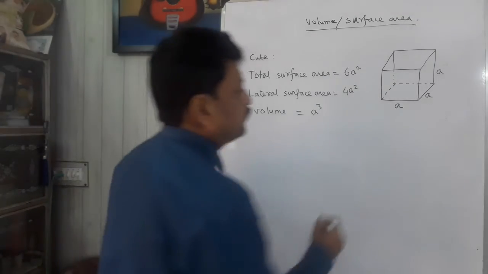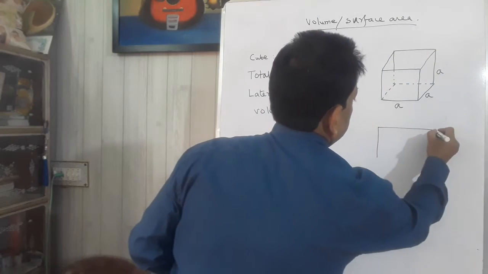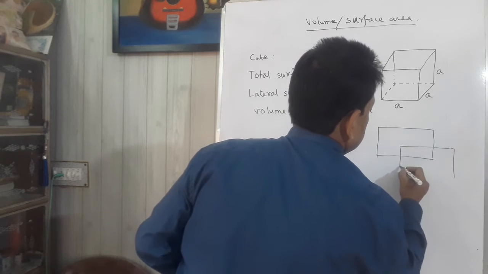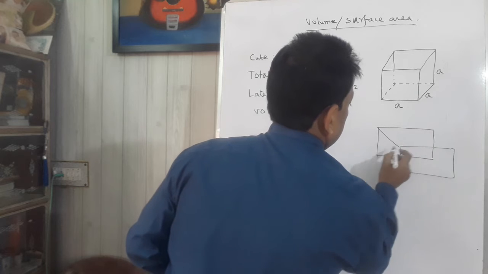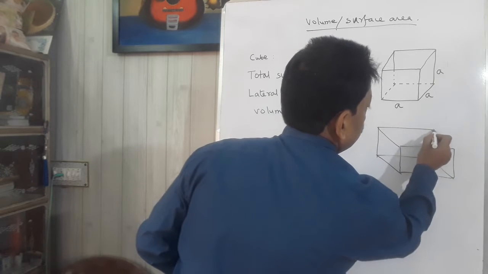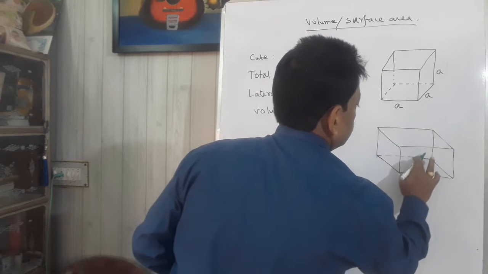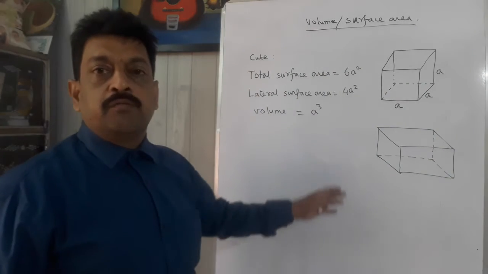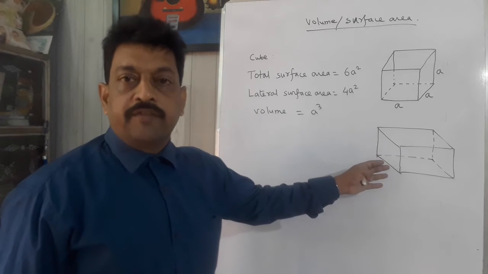Similarly, in case of cuboid, a cuboid is made up of 6 rectangular faces.